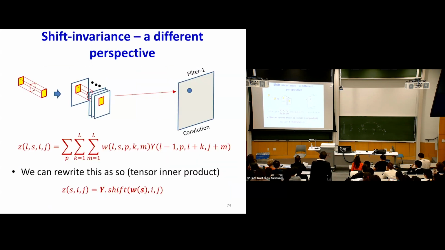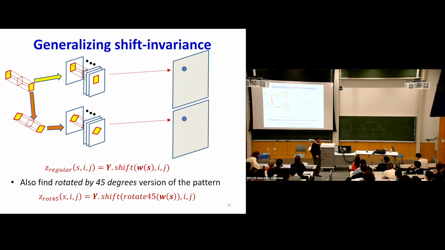If I think about shift invariance, basically what we have is a basic filter that's shifted to different locations where you're computing an inner product. If I want the operation to also be invariant to rotation, I can take the same filter, rotate it a little bit and then check each position. If I want reflection, I can reflect it and check each position. If I want an arbitrary transform, I can transform my filter and check each position.